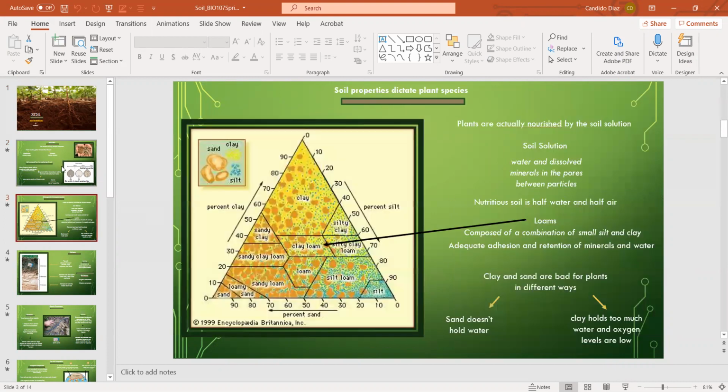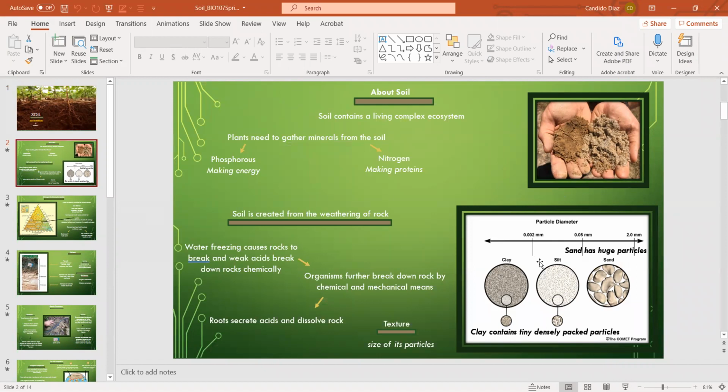Clay, sand, and silt are all particle diameters, just varying ranges of what ground dirt, broken down rocks and matter can be.